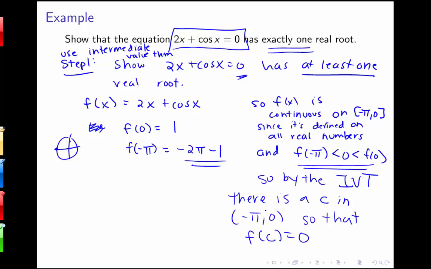So there is a c in this interval, so that if I plugged c into this, I would get a true equation: 2c plus cosine of c would be equal to 0. Okay, but this problem is asking me to show that there's only one solution to this equation. So in other words, the equation has only one solution.